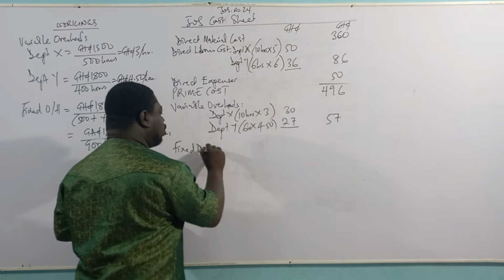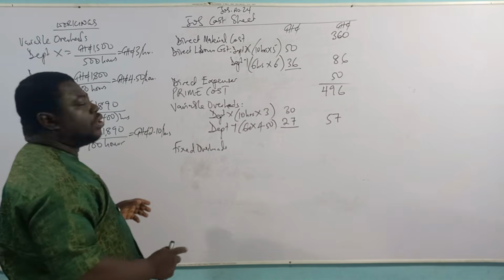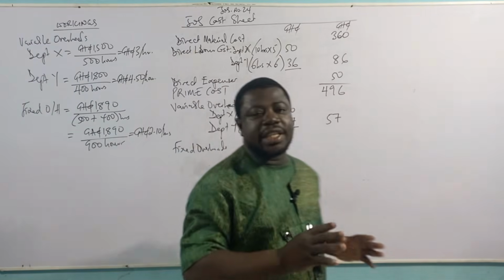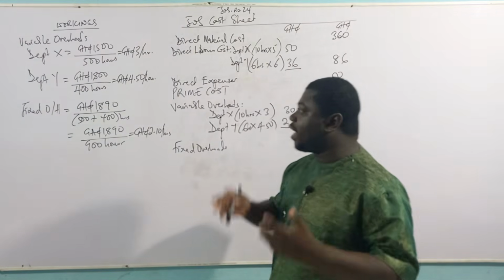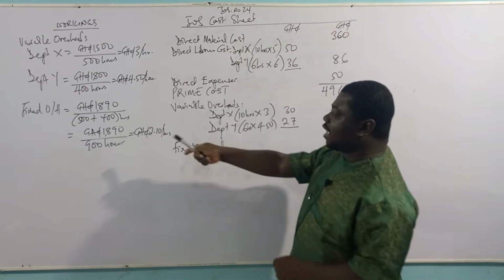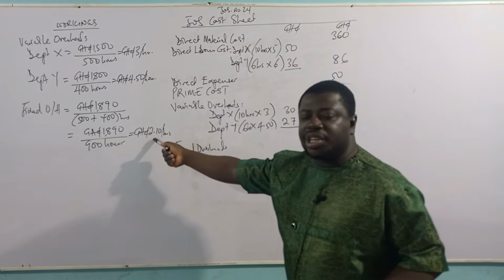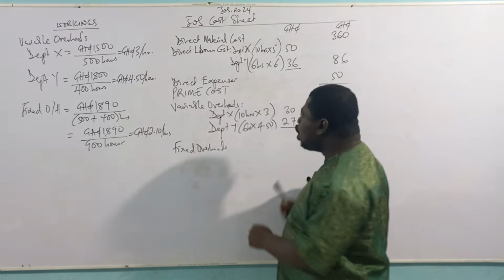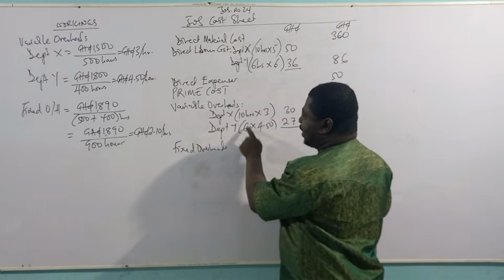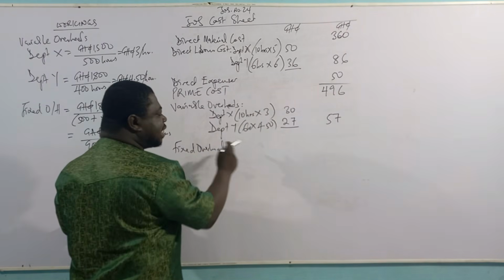Now look at how we are going to absorb the fixed overhead. For fixed overhead, we didn't specify that it is for department X or Y. So the assumption is that it is incurred for both departments. Therefore, we're going to combine, just as we combined the total hours from the budget in establishing the predetermined rate. We are going to add up 10 hours and 6 hours because we should use the same. So it's going to be 16 hours.